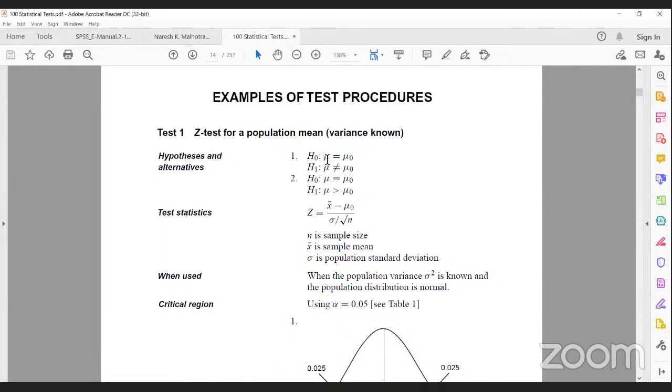Here, when you are comparing a sample with a population, we are equating the sample with the population, meaning mu is mu naught. And the alternative is that mu is not equal to mu naught. We can also tell whether the population mean is greater than the specified point or different, and we can discuss that too.